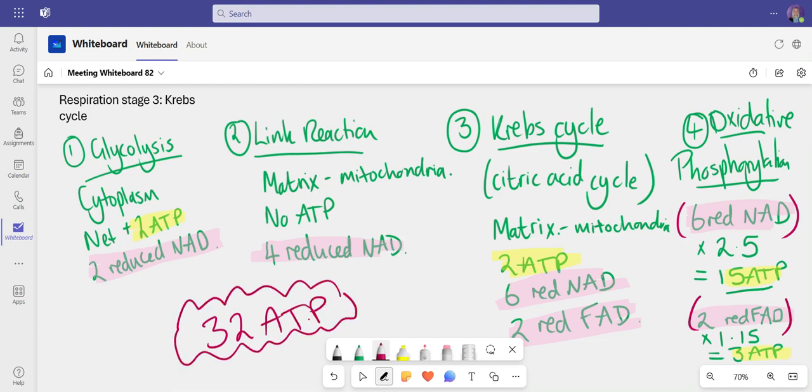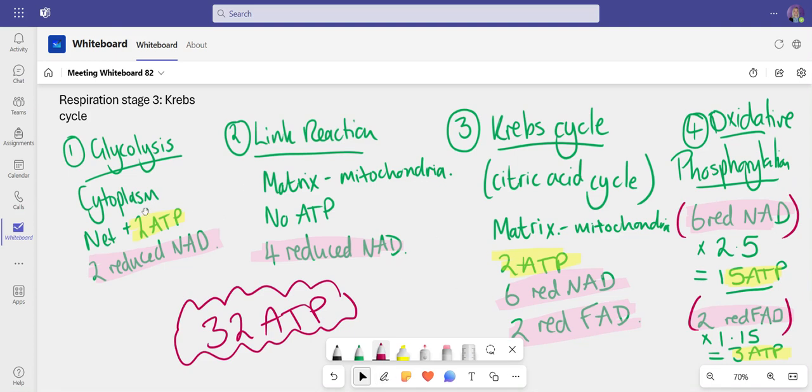Now, the reality is it doesn't actually make 32. It's probably more like 30. Some of the protons leak out. Some of the ATP is used up in active transport, moving pyruvate around and moving reduced NAD around. So more likely 30, but theoretically, it should make 32 ATP.